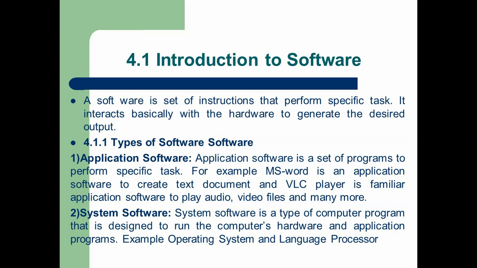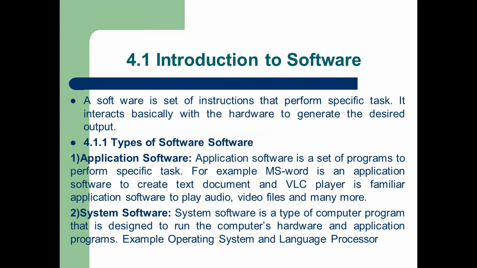In the same way, there is a keyboard, and many more hardwares are connected with the computer. For each and every hardware, there are separate softwares to give instructions on how to perform when the user handles them. So these types of software are called system software. For example, the operating system and the language processor are system software.